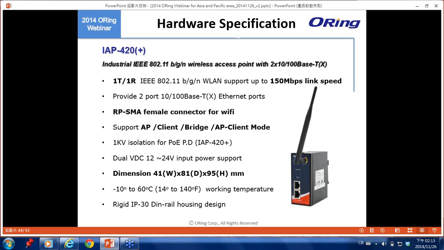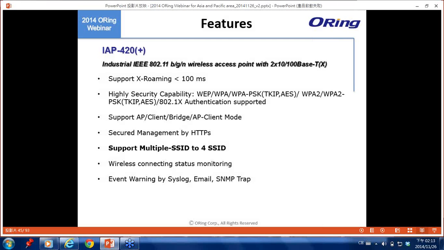This model also supports the operation modes of AP mode, client mode, bridge mode, and AP client mode. The hardware spec of IAP 420 supports roaming with less than 100 milliseconds handover time, security such as WEP and WPA, and the maximum SSID supported here will be 4.